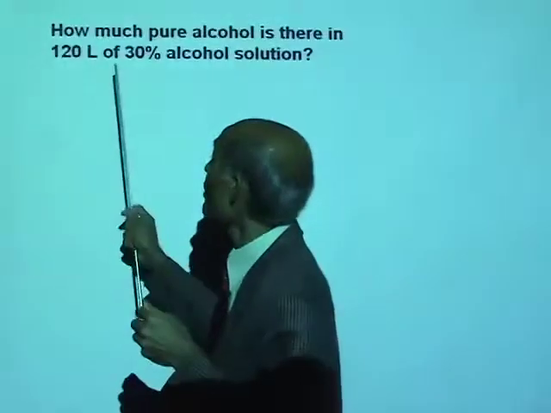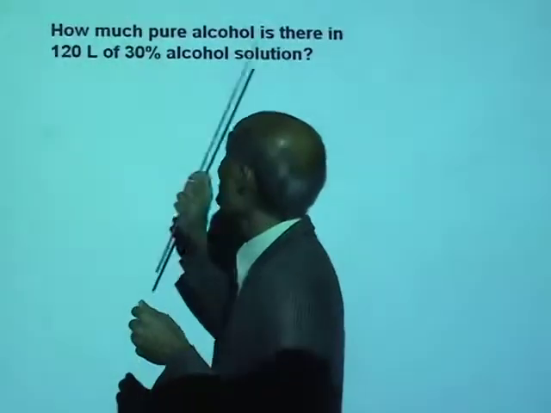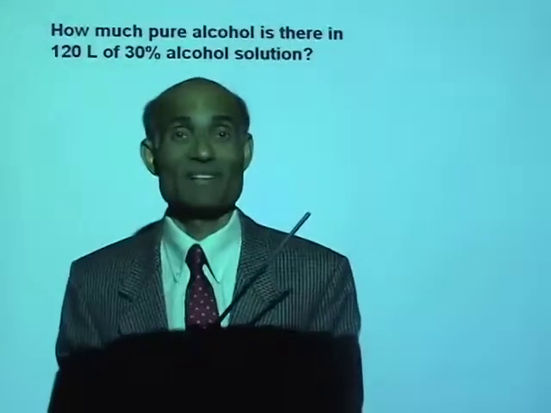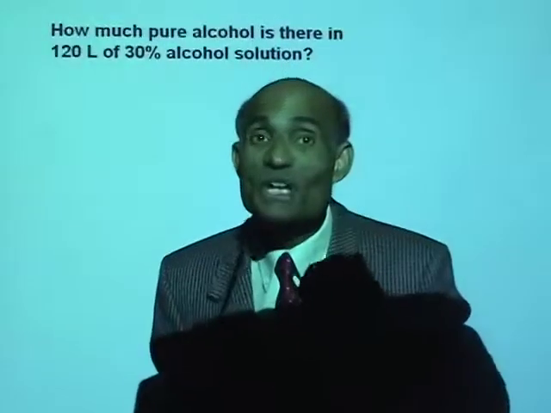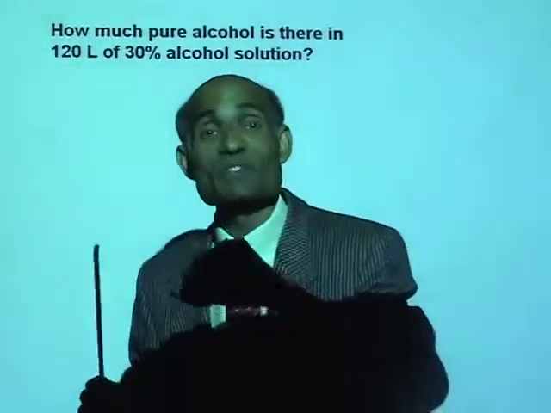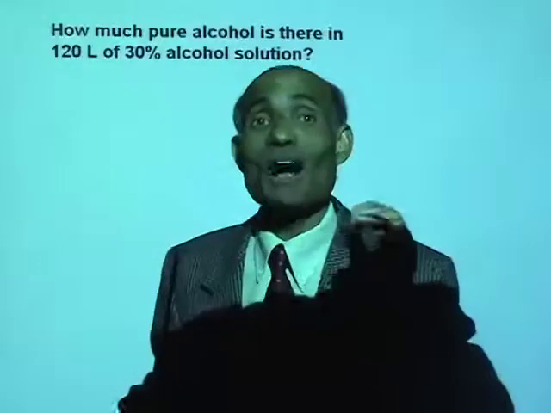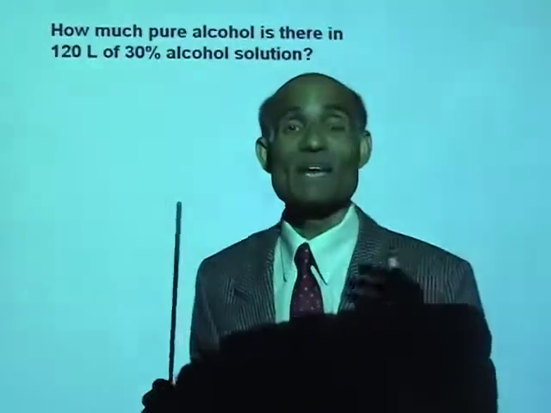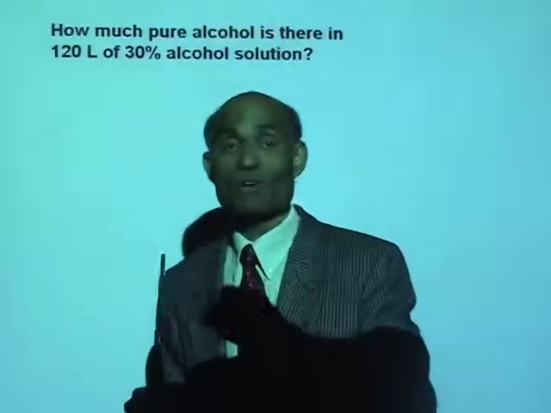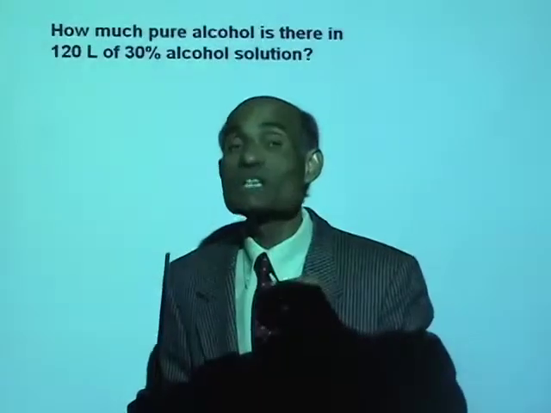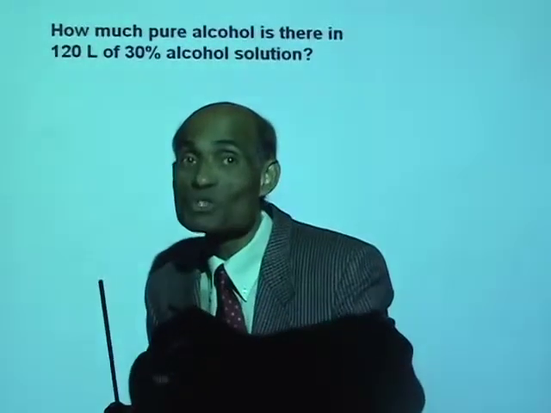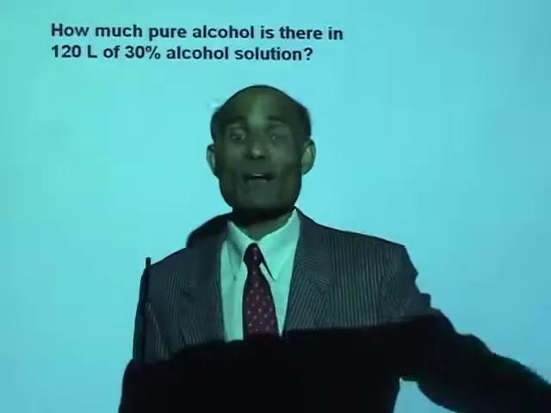And what is the meaning of a 30% alcohol solution? It means 30% of that solution is pure alcohol. A 30% alcohol solution means 30% of that solution contains pure alcohol.